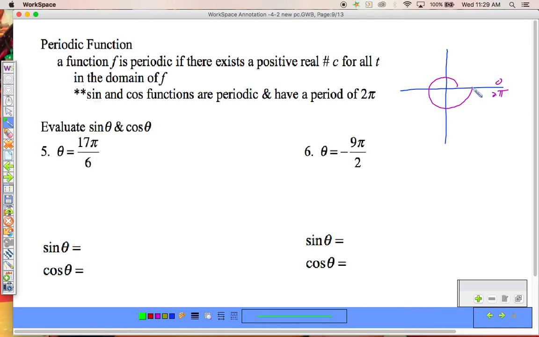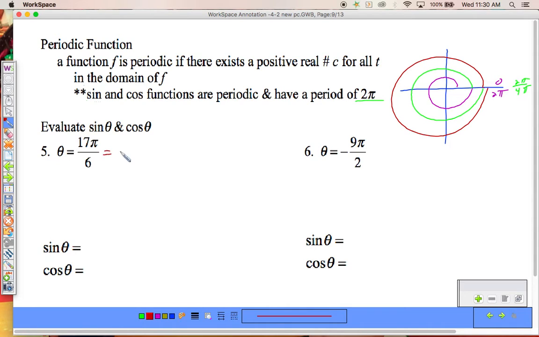If I go around again from 2 pi to 4 pi, I'm going to use those same answers over, because it matters where you end. From 4 pi to 6 pi, it's the same circle's answers. So a periodic function is saying it doesn't matter how many times you go around or which way you go. All that matters is where you end up. So every 2 pi, I'm going to keep using the same set of answers.